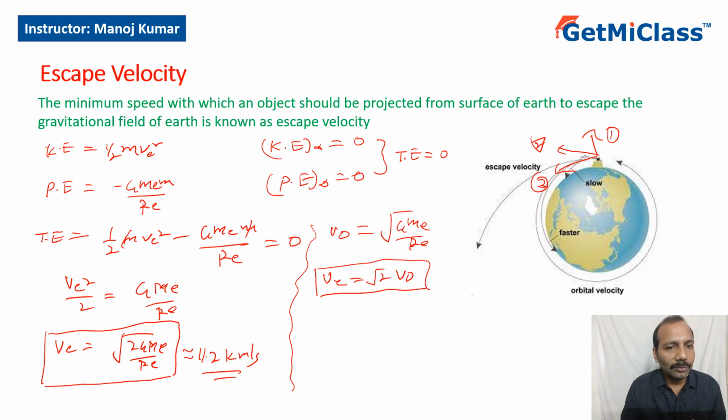So one more important thing on which we have been getting questions is that escape velocity does not depend on the direction of projection. If you give escape velocity at any angle, it would definitely escape the gravitational field of Earth. Now, another question we get is, if an object is given twice the escape velocity, what will be the velocity when it goes into interstellar space, or when it crosses the gravitational field of Earth? Again, use the total energy.